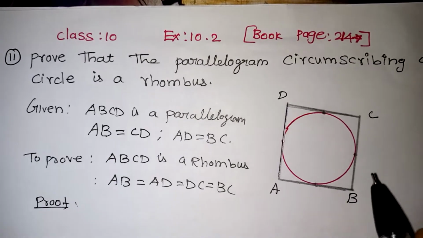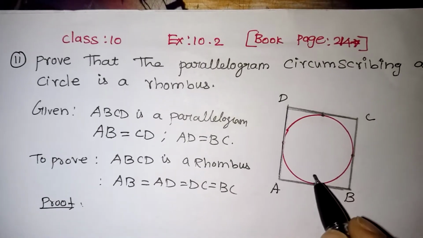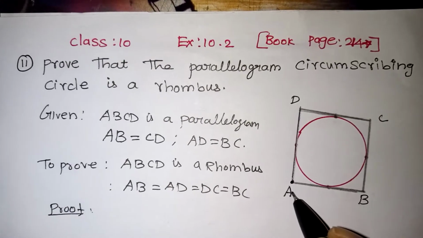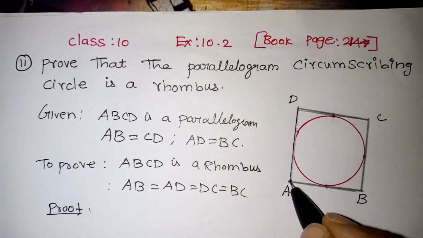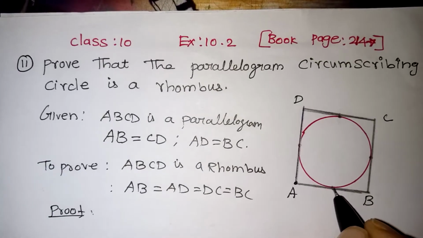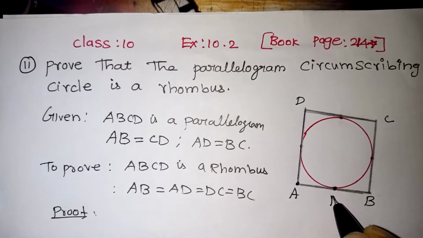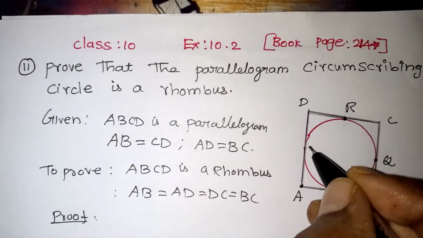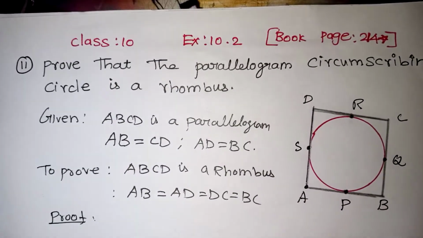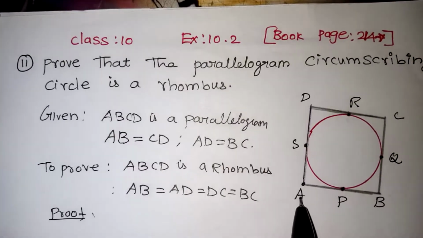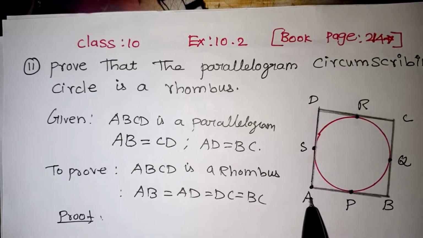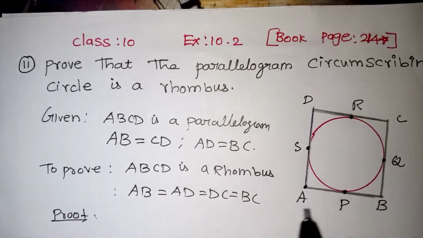Now, this is the given diagram. For this circle, A is an exterior point because the point is coming out of the circle. The circle touches the sides at the points P, Q, R, S. These are all the points of contact. Now from A, AP is a tangent, and AS is also a tangent. Tangents from an exterior point are always equal.